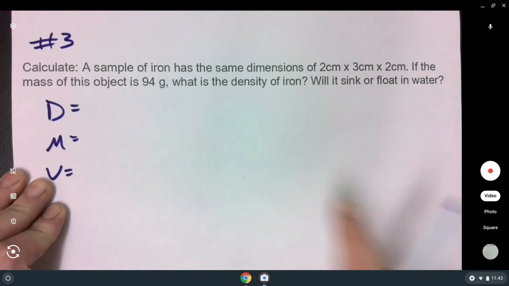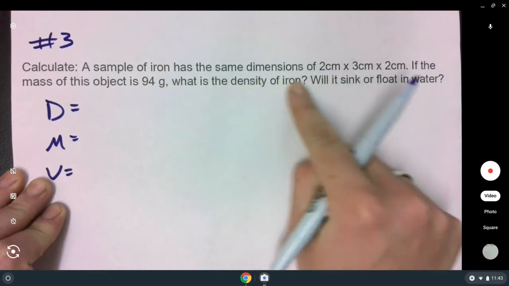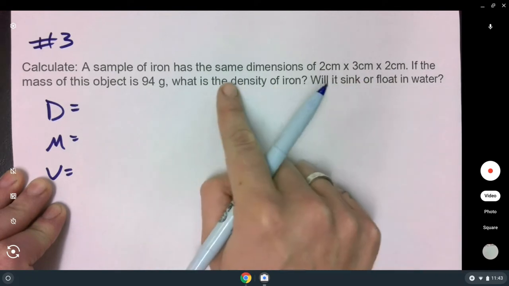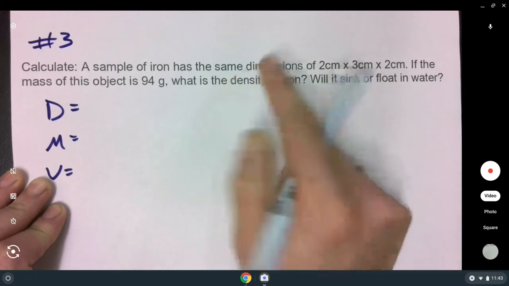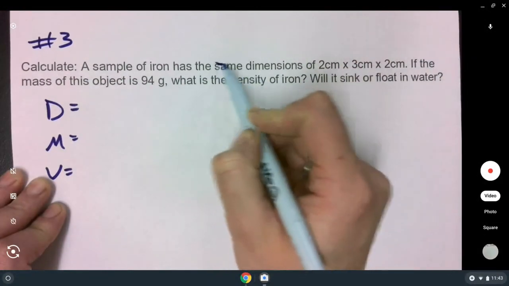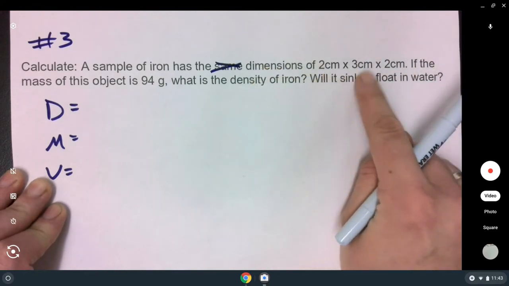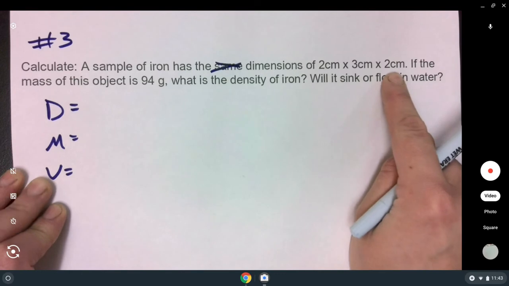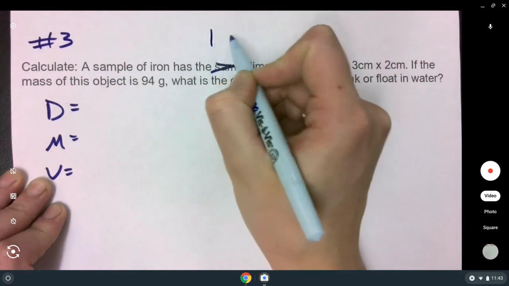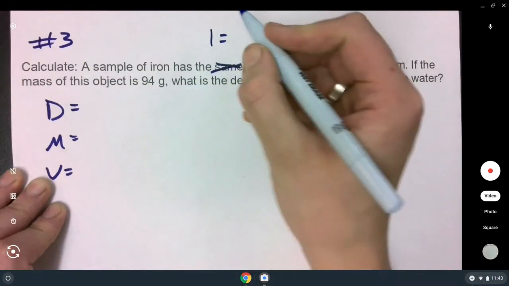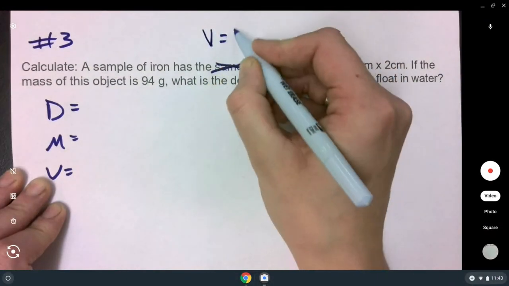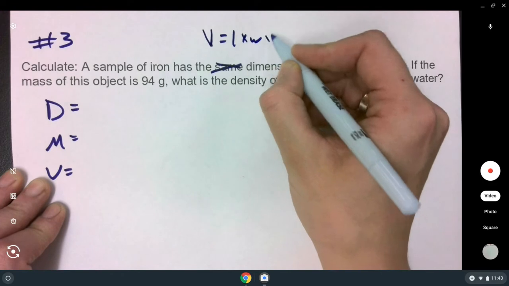Okay, so a sample of iron has dimensions of 2 centimeters by 3 centimeters by 2 centimeters. So actually, you have to do some extra math here. If you remember, volume equals length times width times height.